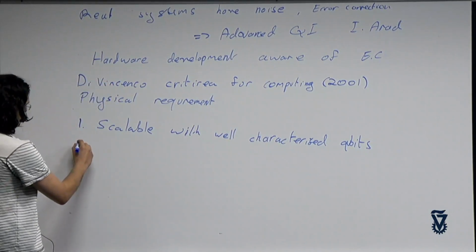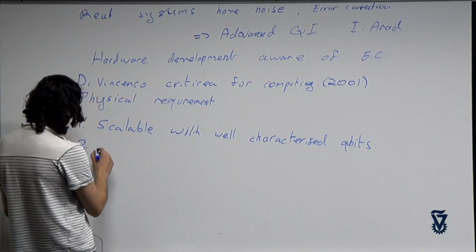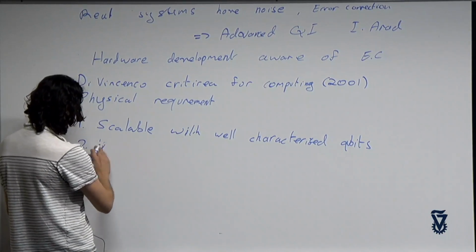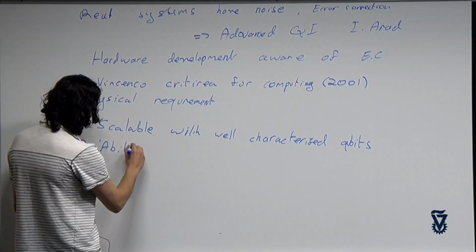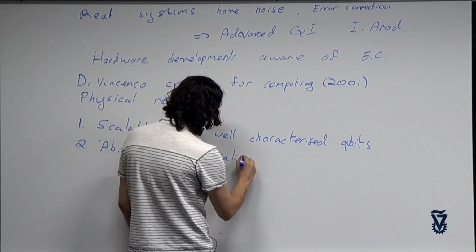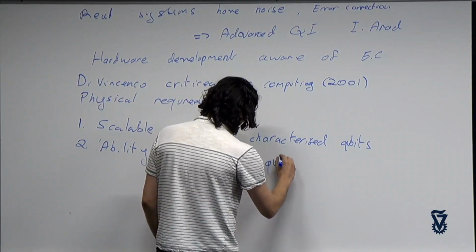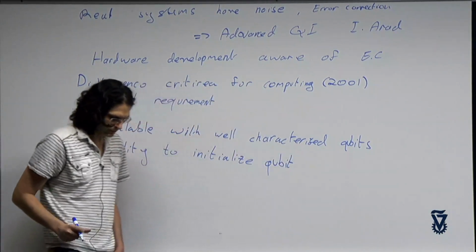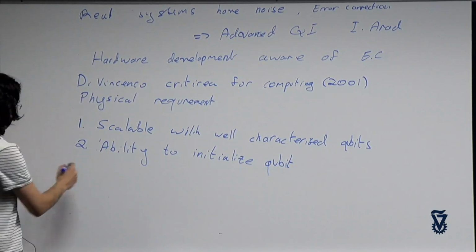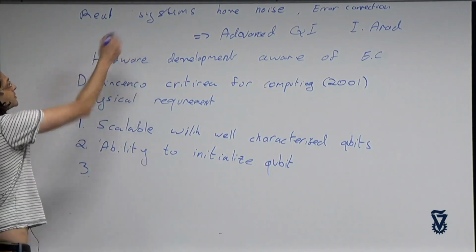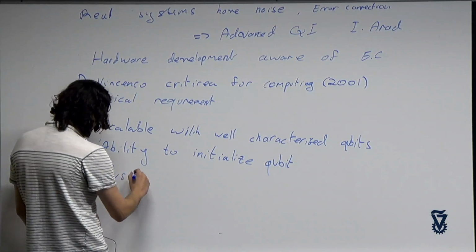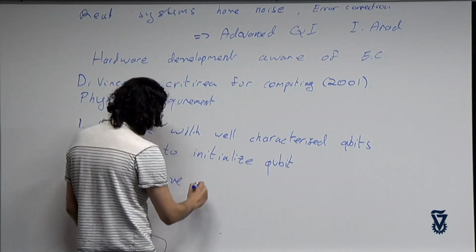And the second thing is you must be able to initialize the qubit, whatever is representing that qubit, your atom, your circuit, or whatever. The third thing, and this is with regards to the noise, you must have high coherence times.